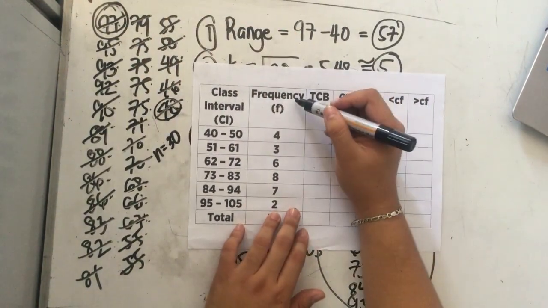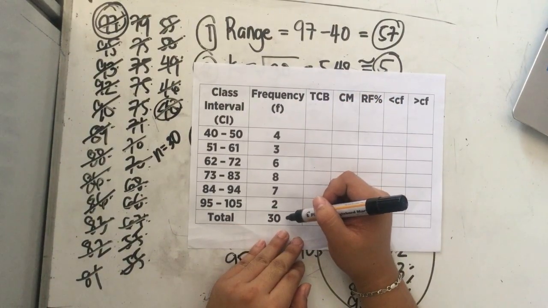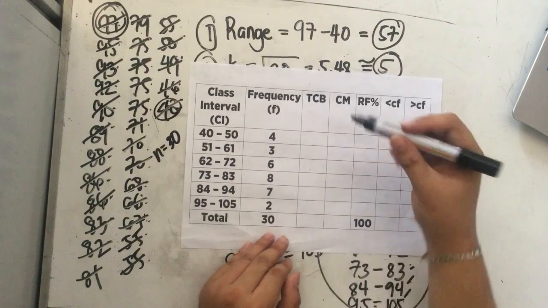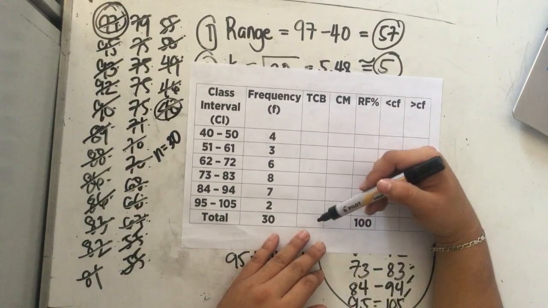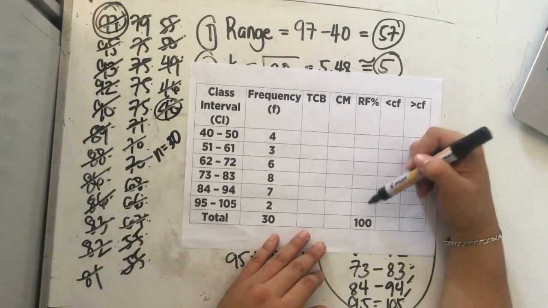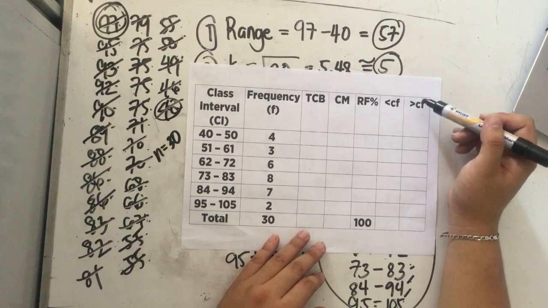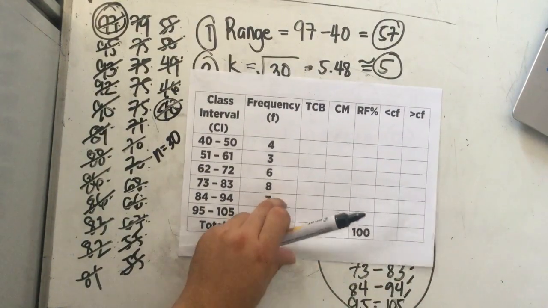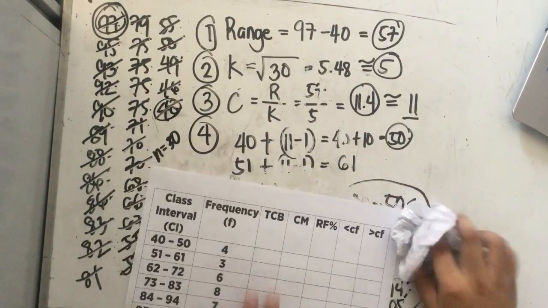So the total number ng ating frequency will be the total number of our observation. So 30. Okay, so next step, kukunin natin si class boundary, si class mark, si relative frequency in a form of percentage. Then we have greater than cumulative frequency and less than cumulative frequency. Okay? So na-identify na natin yung table natin.